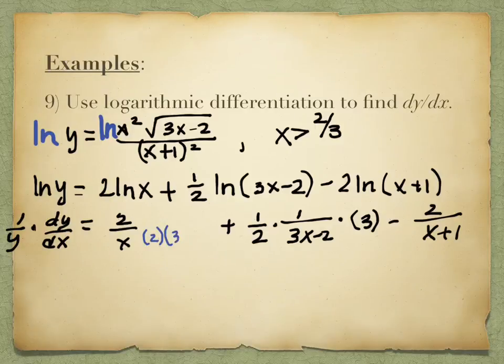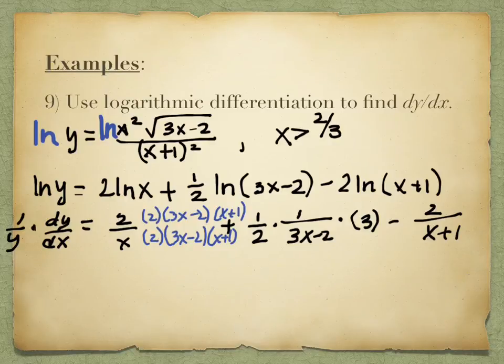The 2, the 3x minus 2, and the x plus 1. I'm not going to quite have enough room, but we're trying. Okay, so the 2, the 3x minus 2 give me this piece, and then the x plus 1 gives me that piece. All good? Okay.